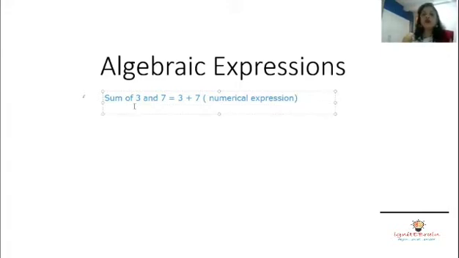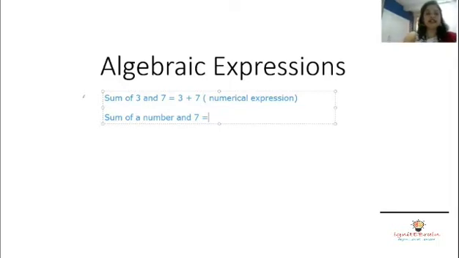Now, how to write the sum of a number and 7 in mathematical form? We don't know the value of that number, right? So what we can use here is a variable in place of that.